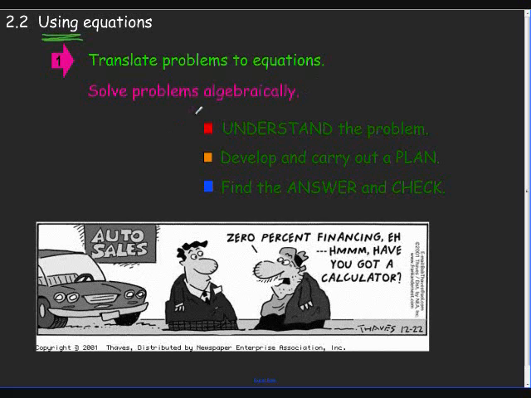This is the little process that's outlined in your book. Understand what the problem is. So read it and make sure you understand what the question is. Then plan. That's most of your work. Then you solve whatever your plan is, probably solving an equation. And finally, don't forget to check your answer.